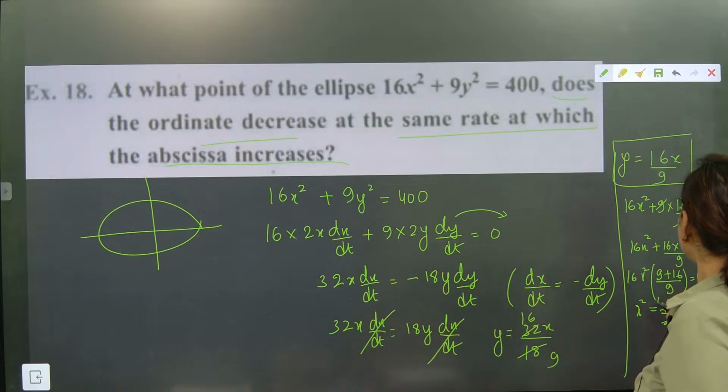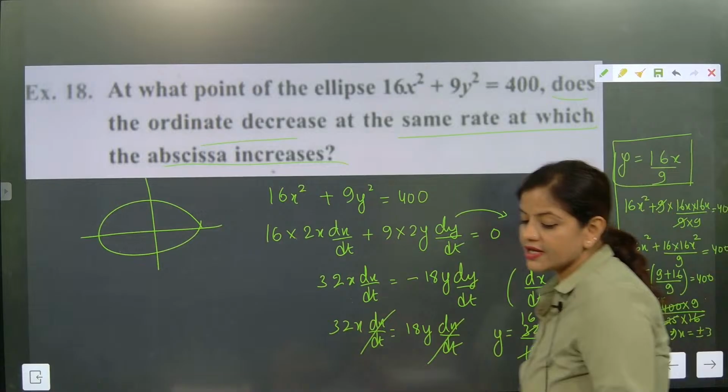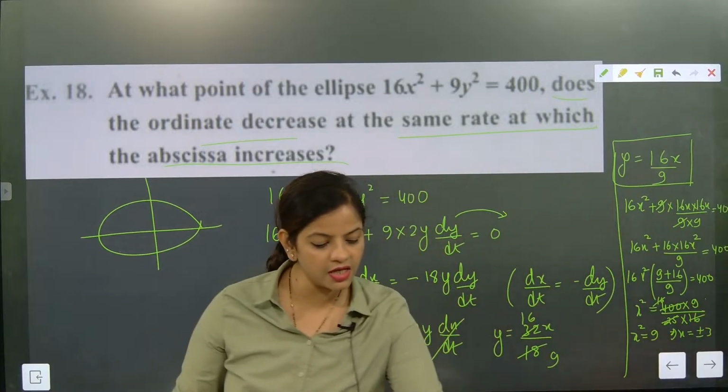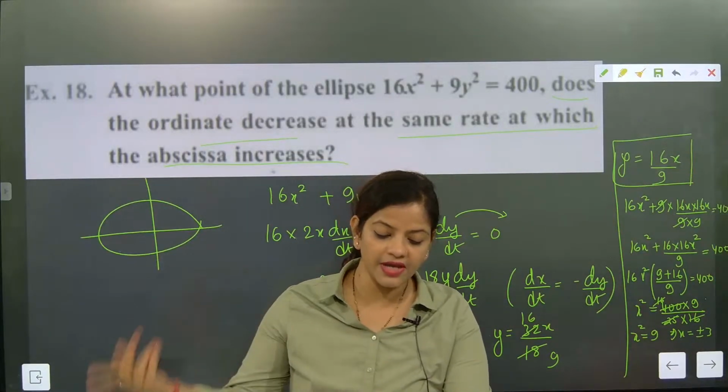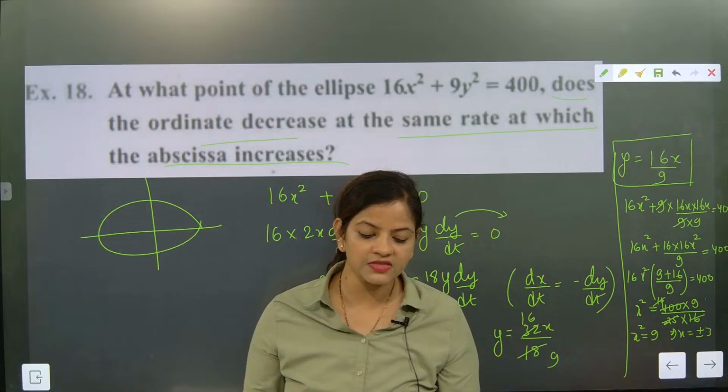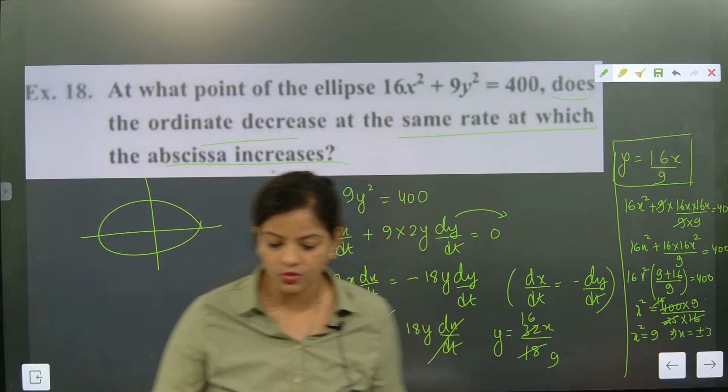So 16 and 16 cancel. x square is equal to 9. So x will be equal to plus minus 3. Once you get x equal to plus minus 3, one time the x value will be plus 3 and one time minus 3. Two answers are coming.